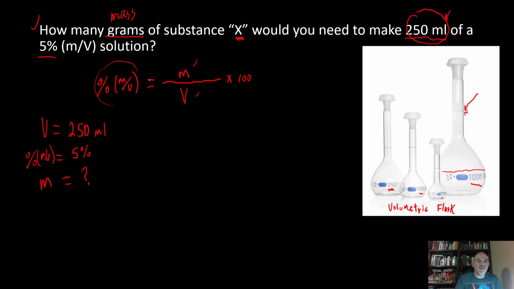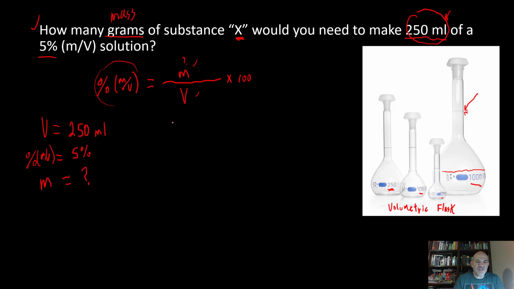Okay? So when we look at the original equation, we can either rearrange it and solve for what we're looking for, in this case mass, or you can plug in the numbers, which I think some students find easier than trying to move letters around. So I'm going to go ahead and plug in.